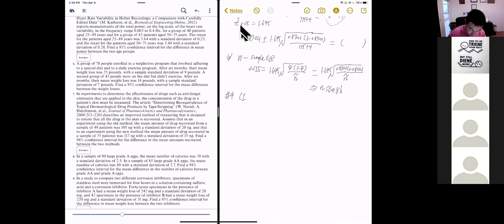Again, here is the CI for difference between two means. And depending on the sample size, we have two sets of equations. Let me write down this first.